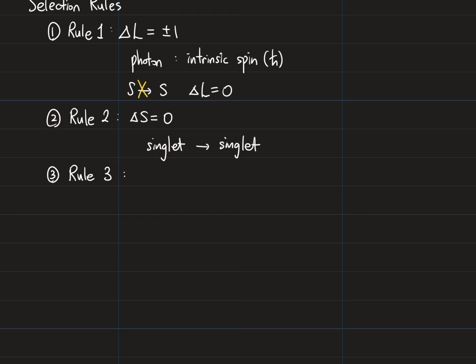And rule 3: the total J value change should be 0 or plus or minus 1. But there is an exception. A transition from J equal to 0 to another J equal to 0 is not possible. This is related to the photon's intrinsic spin. If you want to emit a photon, then the total angular momentum should change.